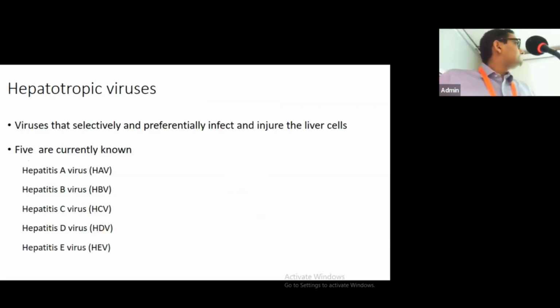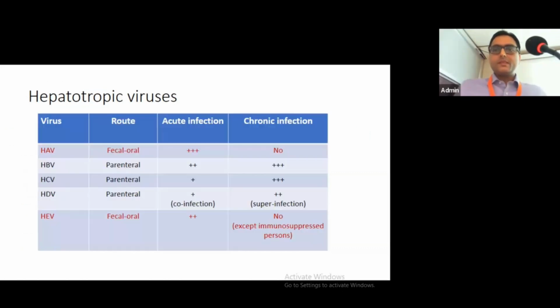Now, what is this term called hepatotropic viruses? I know all of you must be familiar with this term, but let's recapitulate. Viruses that selectively and preferentially target and infect, causing injury to the liver cells, are called hepatotropic viruses. All of us know that these are hepatitis A, B, C, D, and E. These are the primary hepatotropic viruses which cause acute or chronic hepatitis.